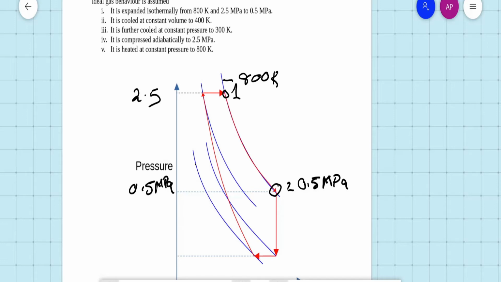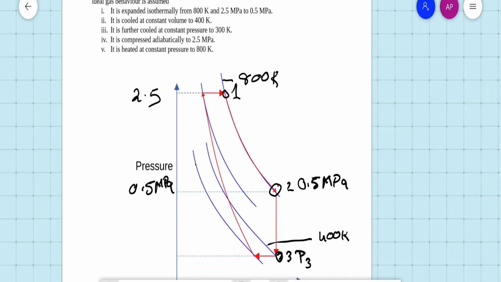Now from 0.5 megapascals, it goes to a lower pressure which is not known, but it goes to an isotherm of 400 Kelvin. Therefore, the pressure at 3 is not known. We should calculate it out.